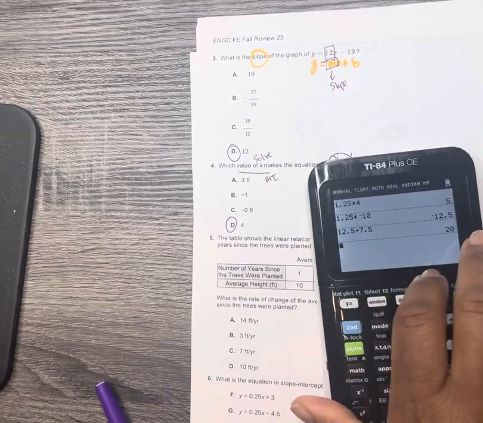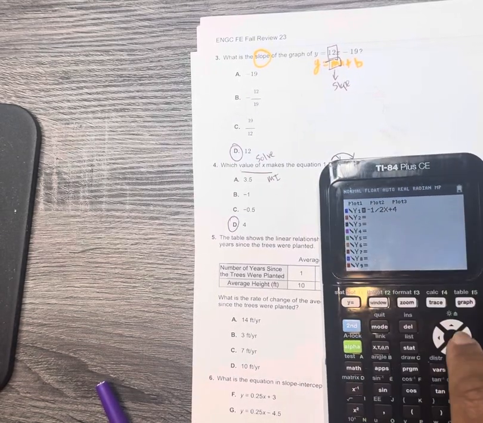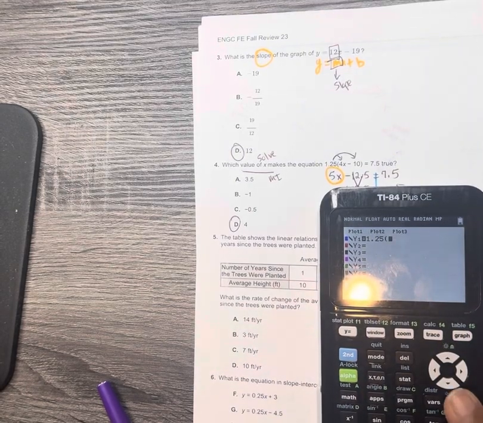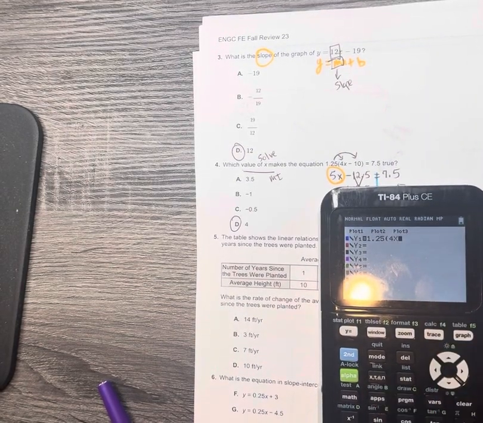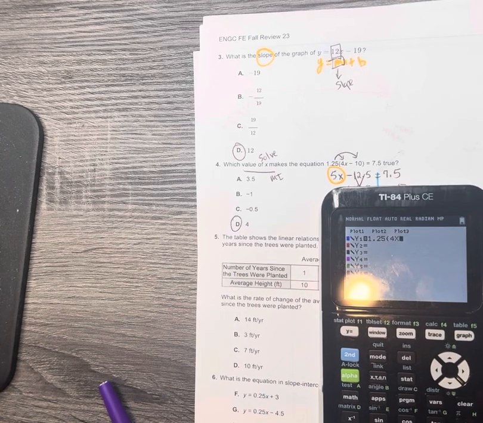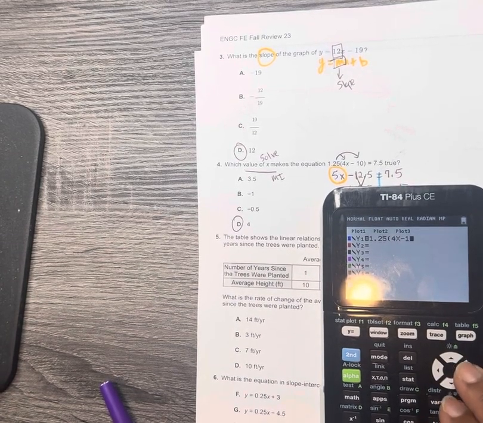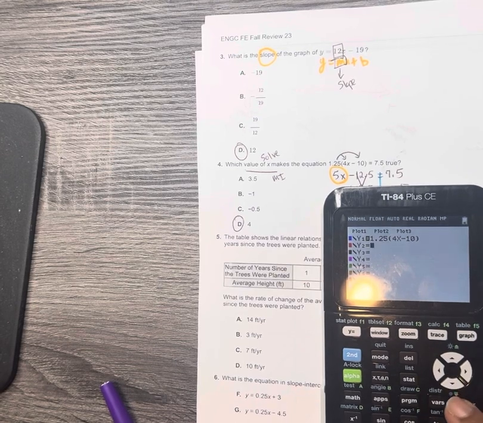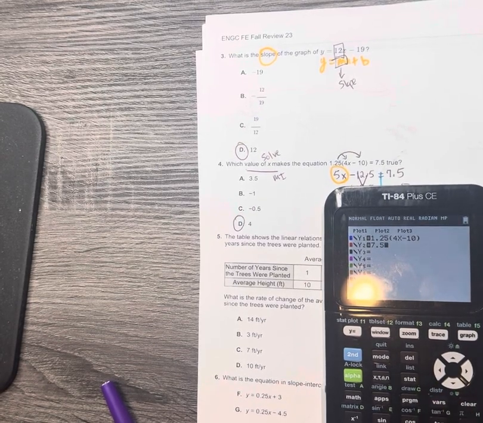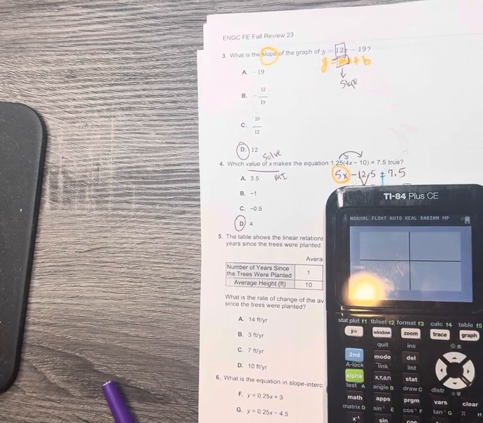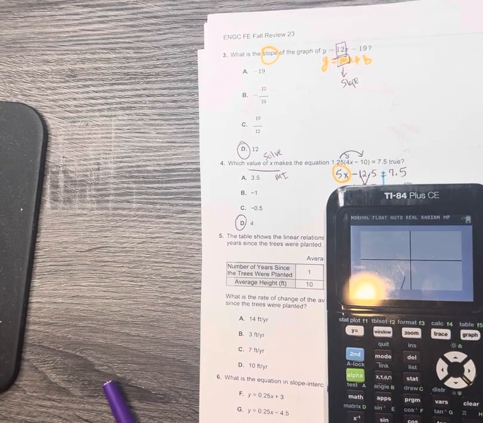Another way you could have done it, if you wanted, is to plug it in your calculator. The left side of that equation, you could put it in y1. And let me close that parentheses. And then the right side, you could put it in y2. And then press graph.